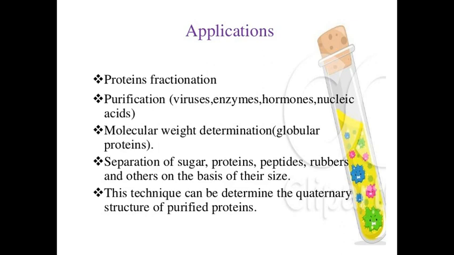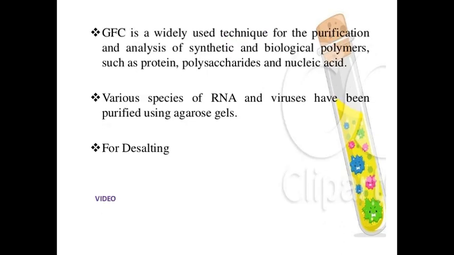This chromatography is also utilized for separation of sugars, proteins, peptides, rubbers and others on the basis of their size. This technique can determine the quaternary structure of purified proteins.